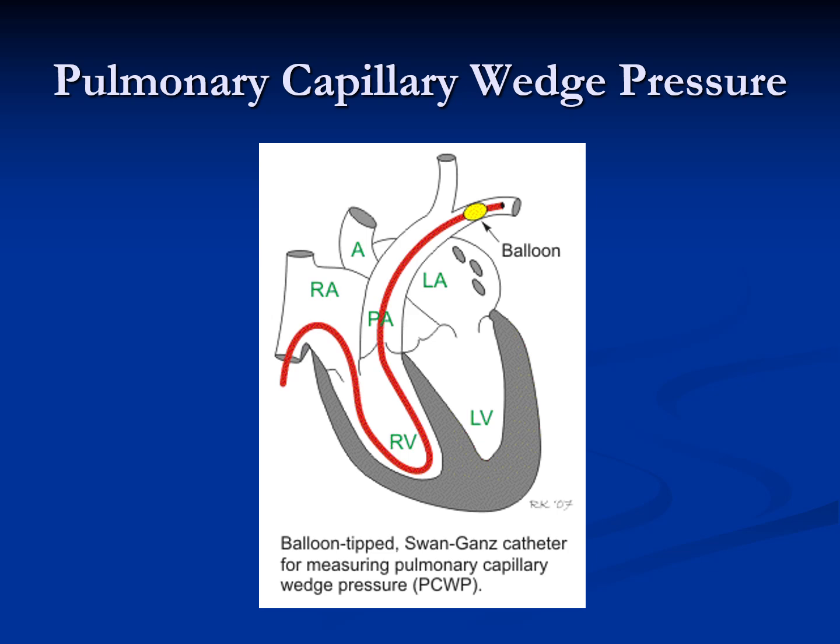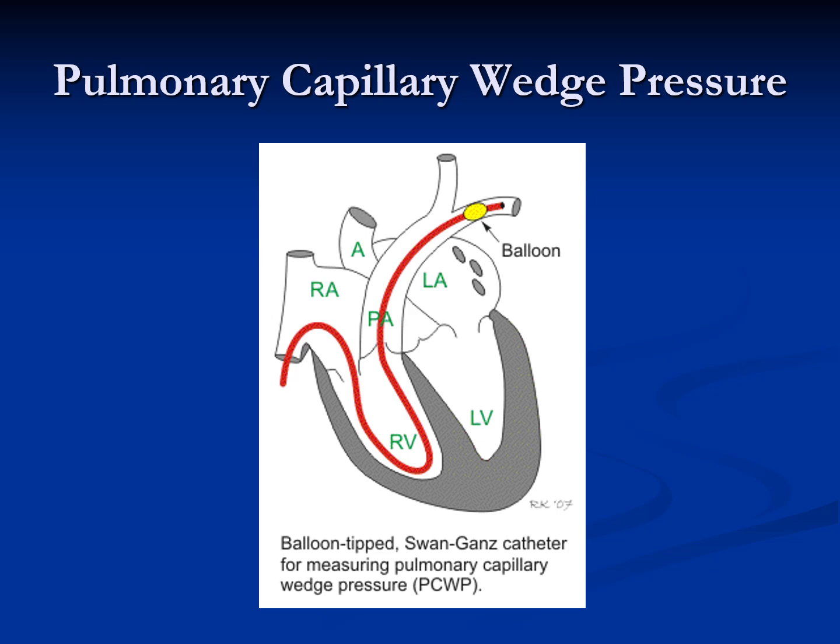Now, the catheter always measures pressure from its very tip. That's what a catheter is, a tube. But right before the tip is a balloon that we can inflate from a distance with air, just with air.